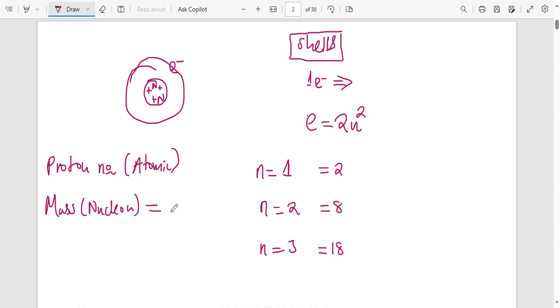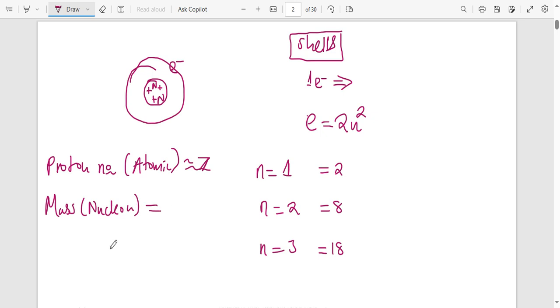So we are going to be adding the protons and the neutrons to get the mass number.